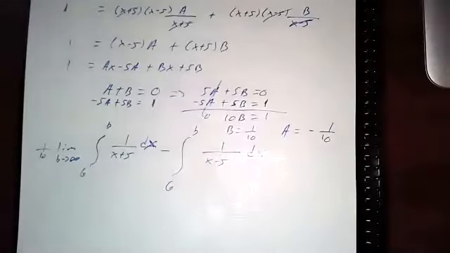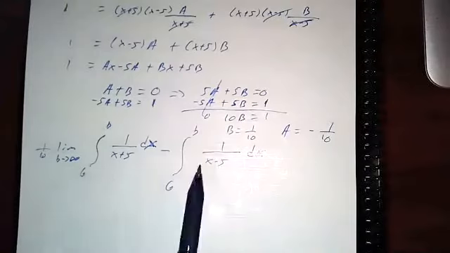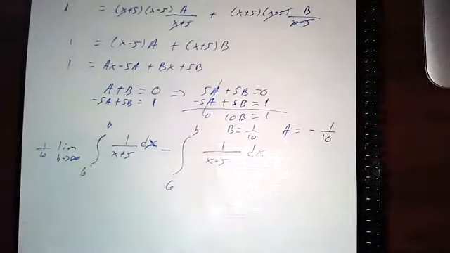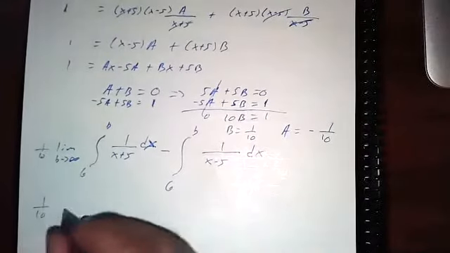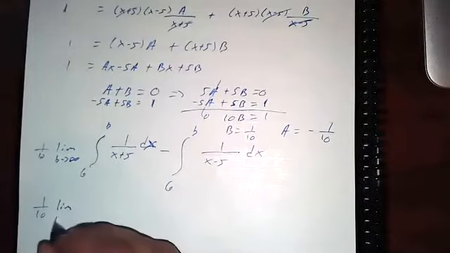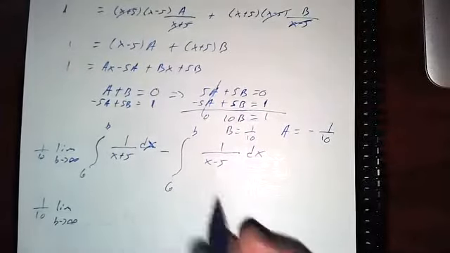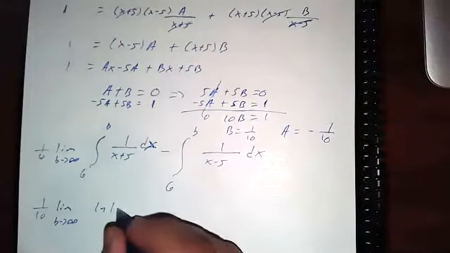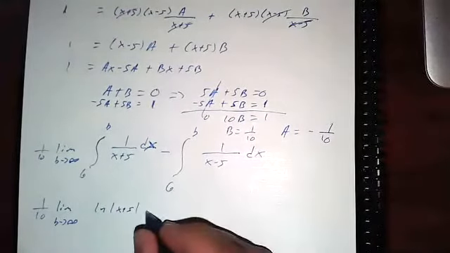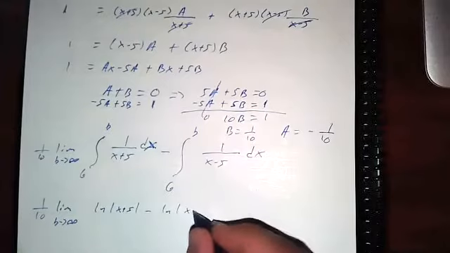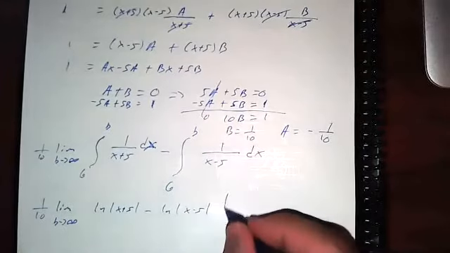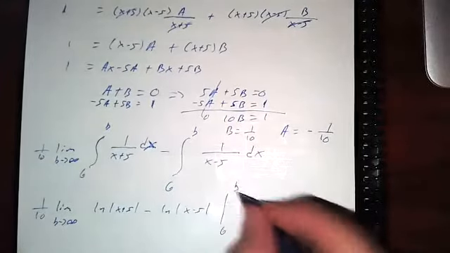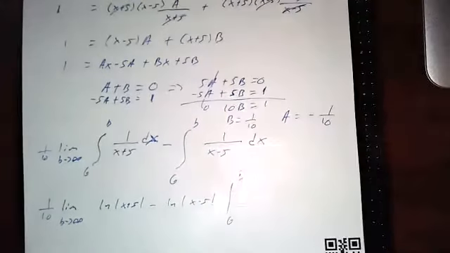So these integrals are just going to be ln types, right? No big deal here. So you're going to have the 1/10 waiting for you again, waiting for you to take the limit. This integral is simply ln of x plus 5 minus ln of x minus 5 from 6 to b. Okay.